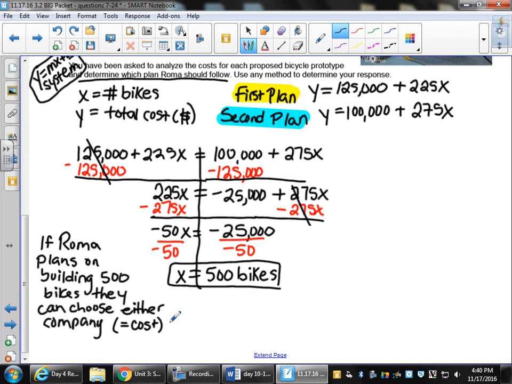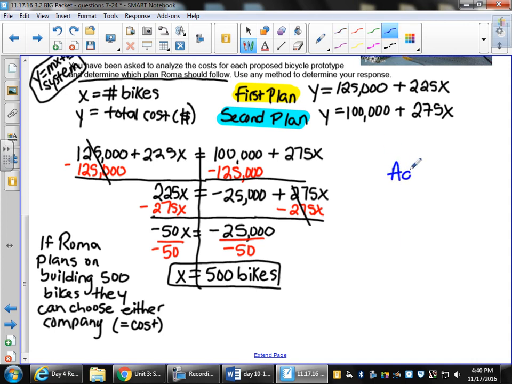Let's say they want to build 1,000 bikes. No, let's not work with 1,000. 1,000 is big. We just need to work with something bigger than 500. But if you're like, yeah, I want to work with 1,000, go ahead. But let's say 600 bikes. 600 is more than 500. So the result will be the same.